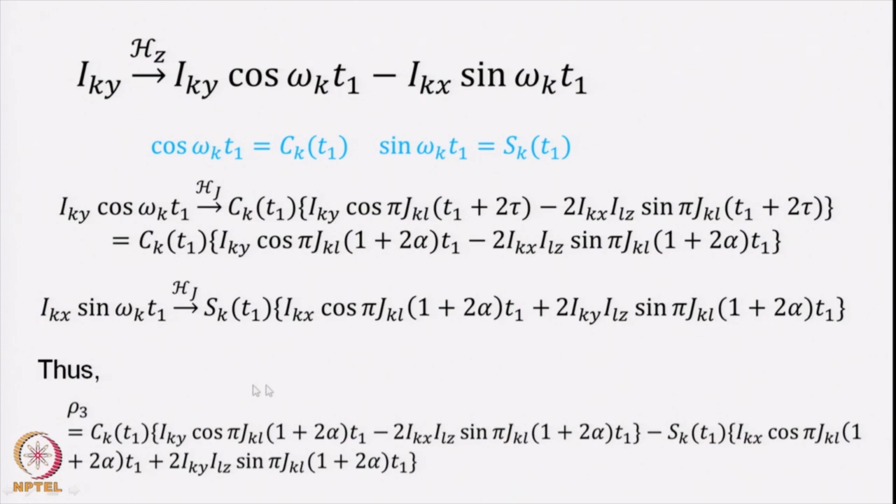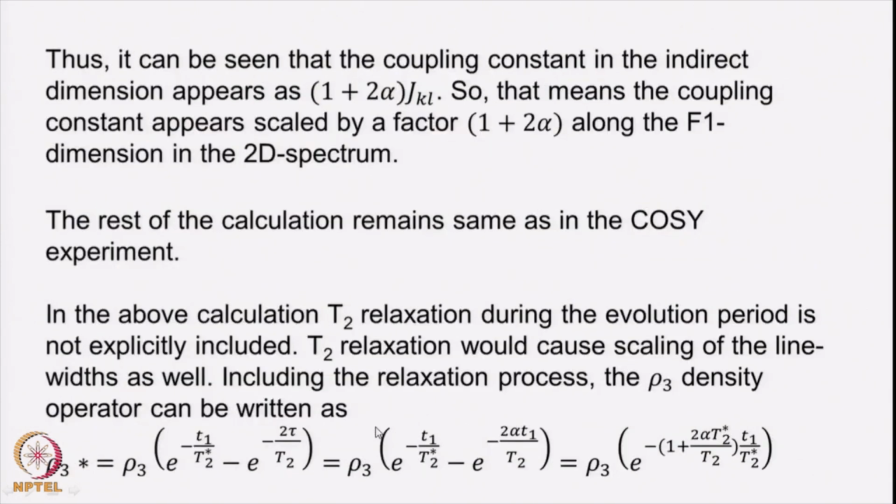Therefore, your total density operator rho 3, okay, at the end of the period 2 tau is the sum of these two evolutions, and that is CKT1 IKY cosine pi j k L (1 plus 2 alpha) T1 minus 2 IKX ILZ sin pi j k L (1 plus 2 alpha) T1, and then you have here minus SKT1 times IKX cosine pi j k L (1 plus 2 alpha) T1 plus 2 IKY ILZ sin pi j k L (1 plus 2 alpha) T1.